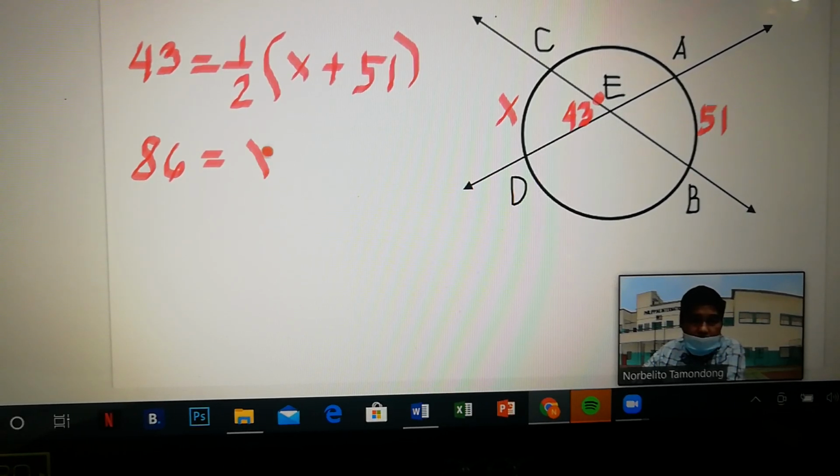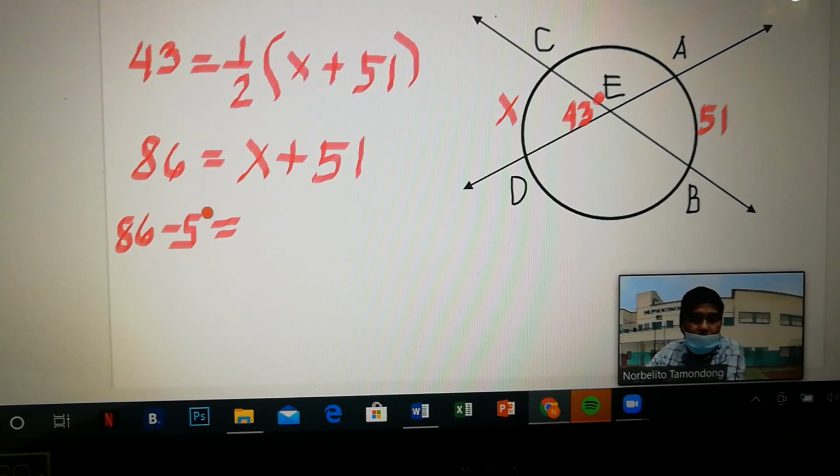Now to solve for x, you just simply transpose 51 to the left side. So 86 minus 51 is equal to x.